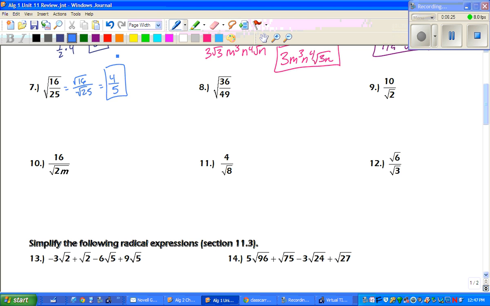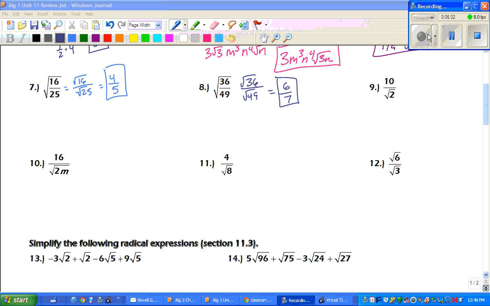Go ahead and give it a shot. Okay, and when you get that, you get the square root of 36 over the square root of 49, which breaks down to 6/7. And you cannot reduce that.